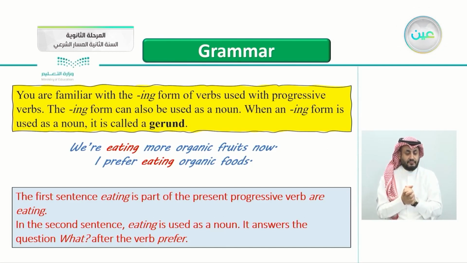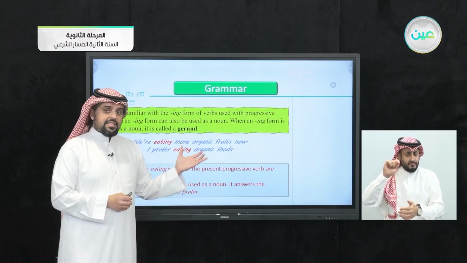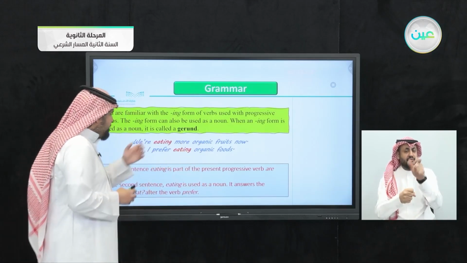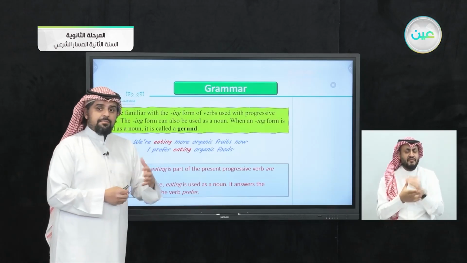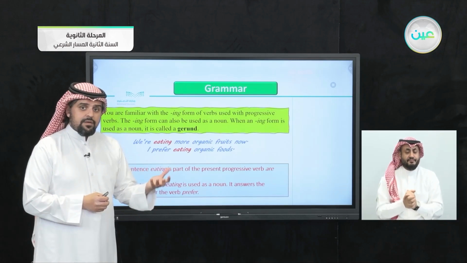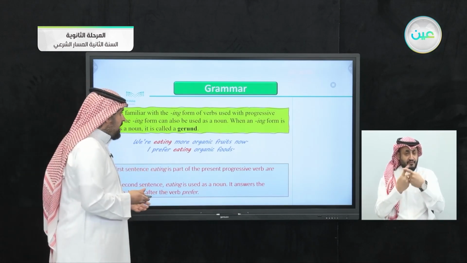In the second sentence, eating is used as a noun. It answers the question what after the verb prefer. So in the first sentence, eating is a verb. In the second sentence, eating is a noun because it came after the verb prefer. I prefer eating something. So eating here is not a verb, it's a noun.